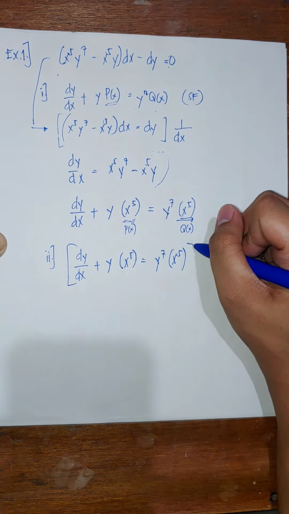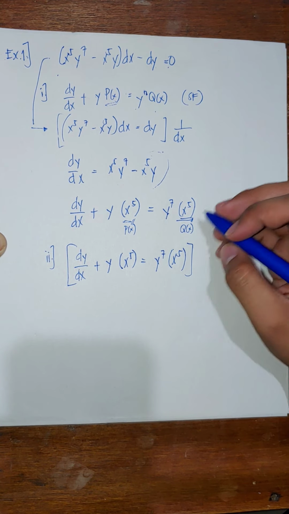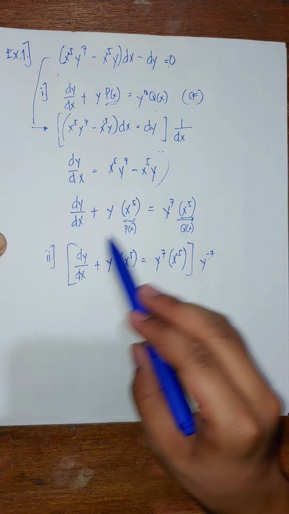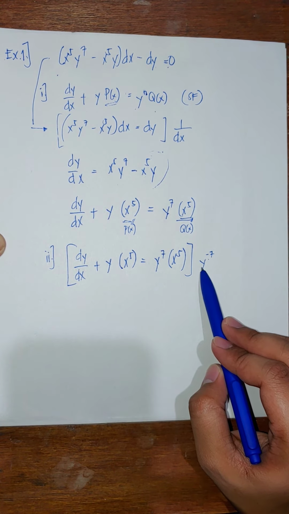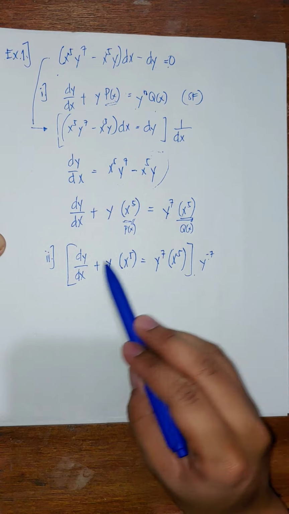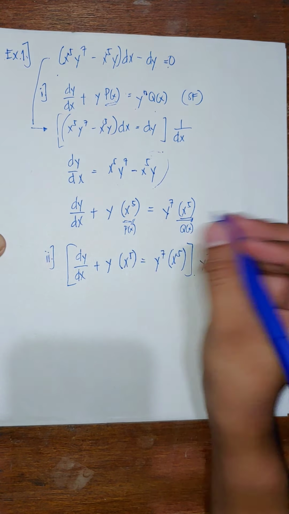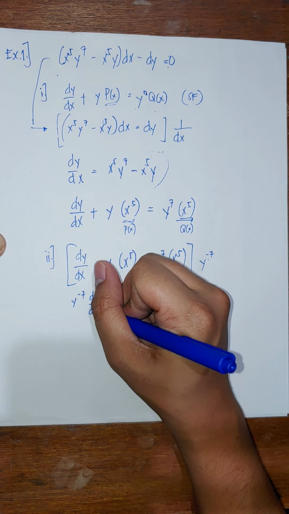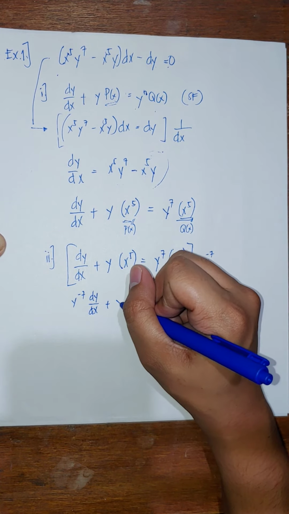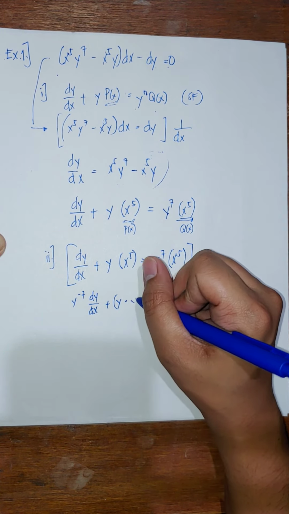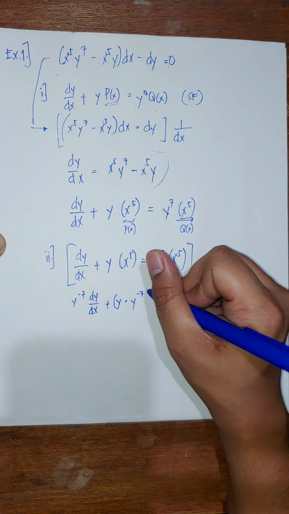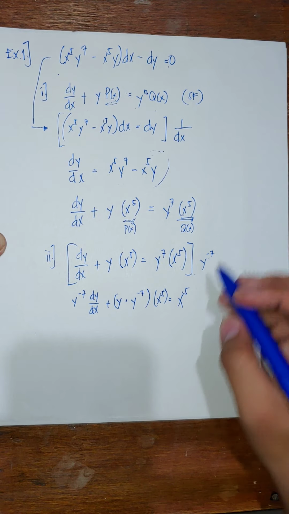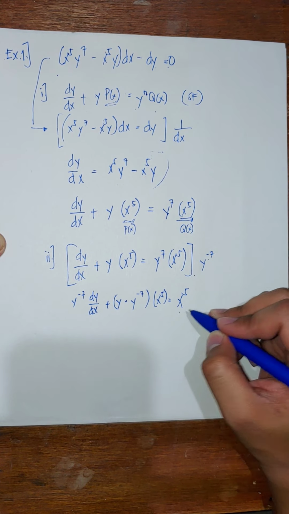We multiply the equation with the reciprocal, which is y to the negative 7. Distributing this value to the whole equation, we obtain y to the negative 7 times dy over dx plus y times y to the negative 7 times x to the 5th is equal to x to the 5th. On this side, only x to the 5th remains, which is the q of x.